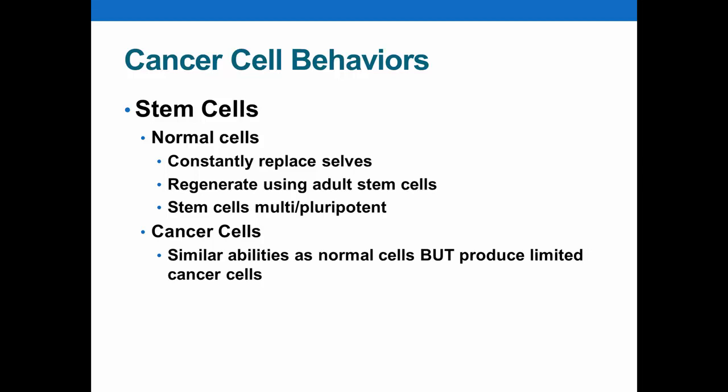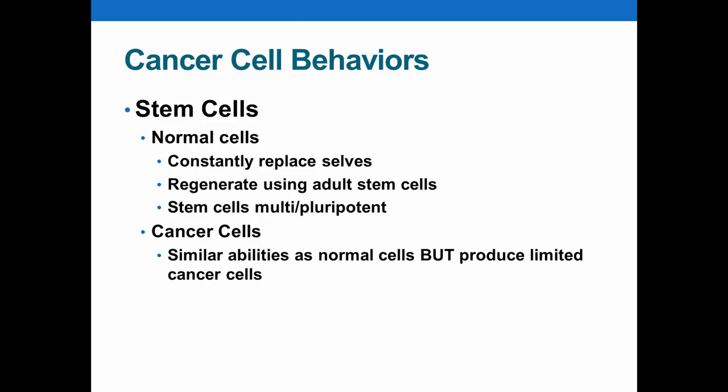Normal stem cells are pluripotent, which means they have the ability to replace themselves and differentiate to a wide variety of cells. Cancer cells also have stem cells or immature cells. They have some similar abilities as normal cells, but they produce a very limited number or types of cells.